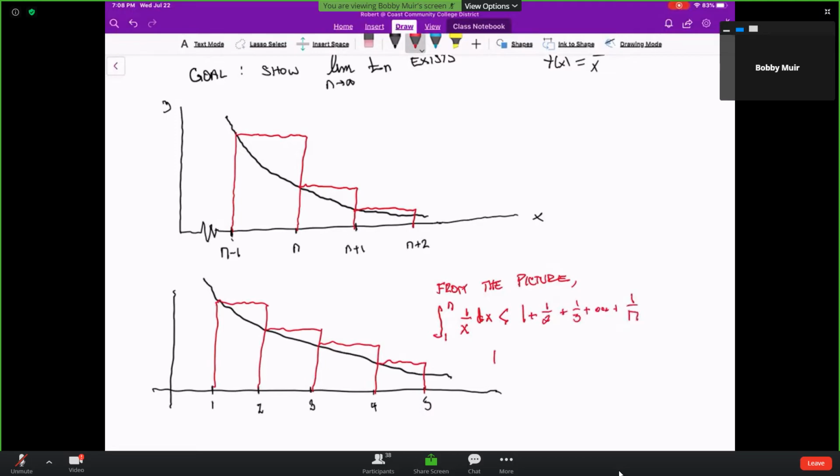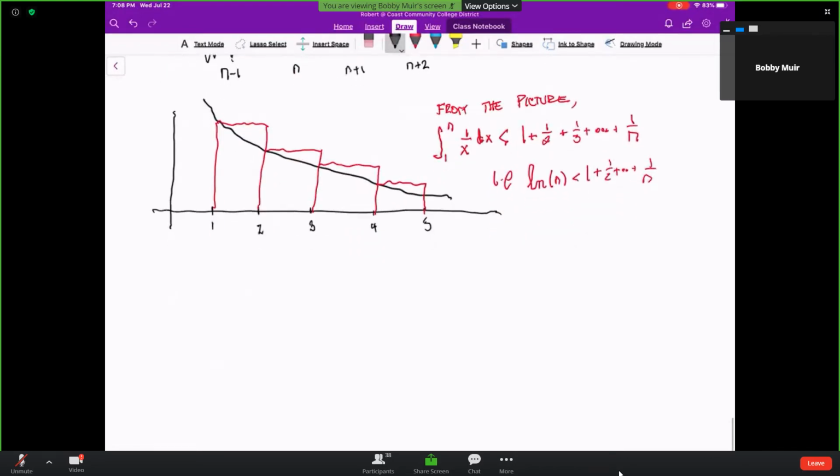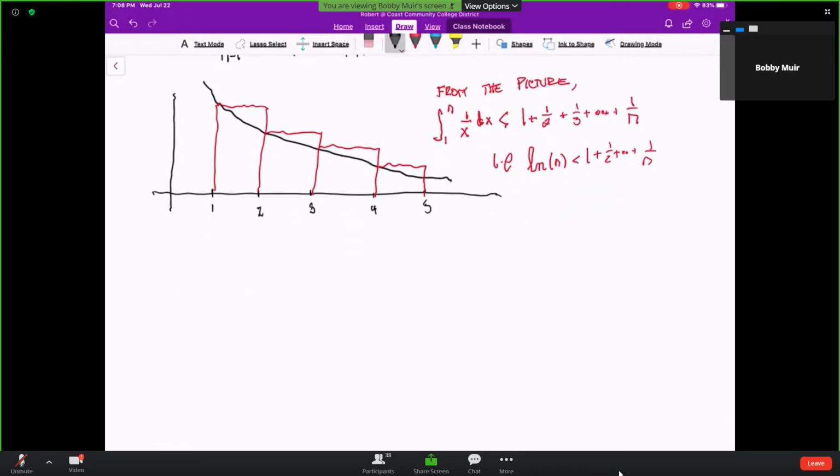That is, the natural log of n is smaller than 1 plus a half plus all the way up to 1 over n.